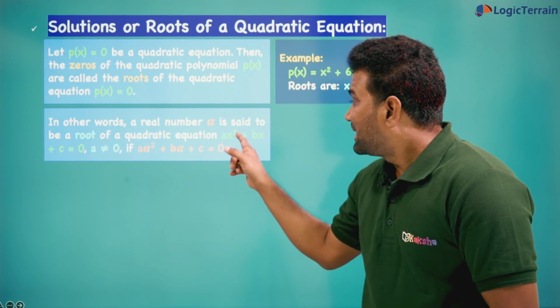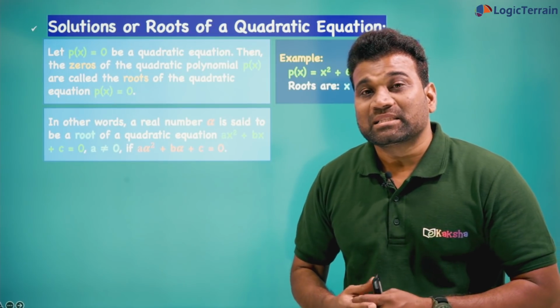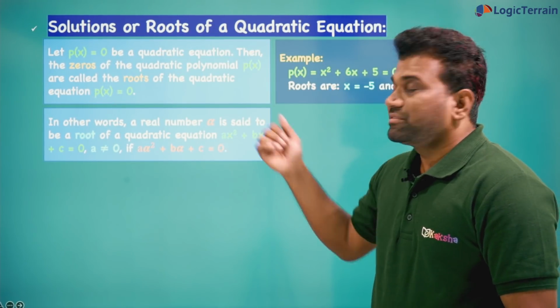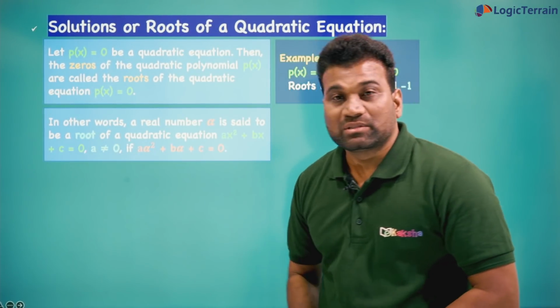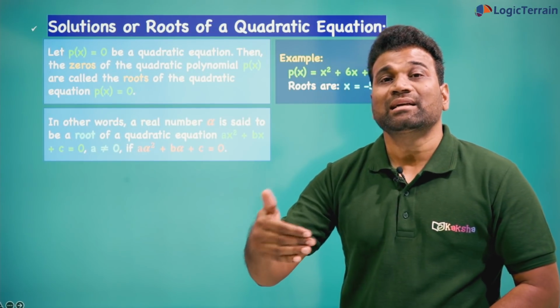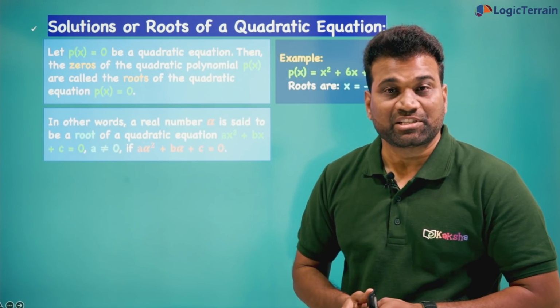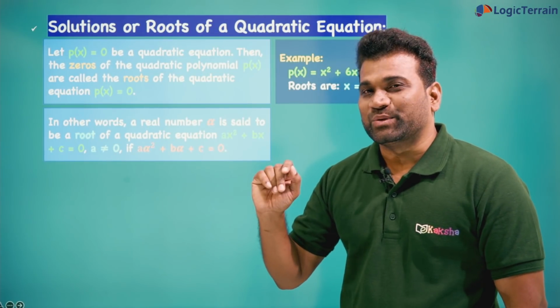What is a? A is the x square coefficient. What happens if a becomes 0? If a becomes 0, 0 times x square is 0. Then this becomes bx plus c equal to 0, a linear equation. This is no more a quadratic equation. So, a cannot be 0.